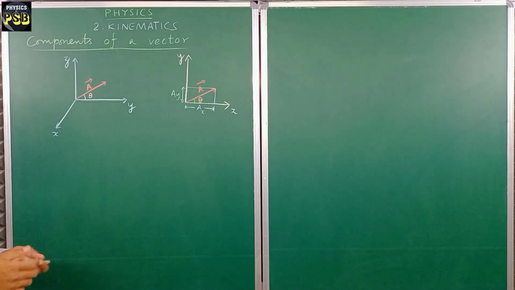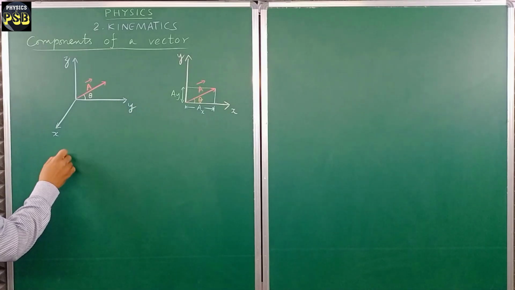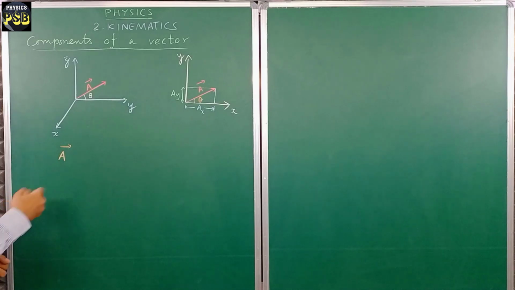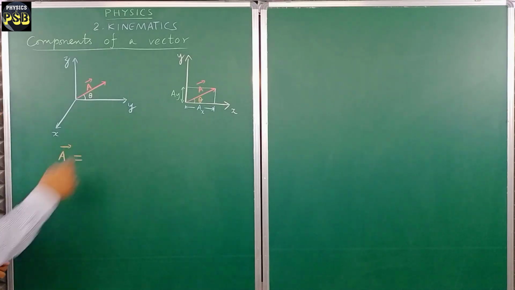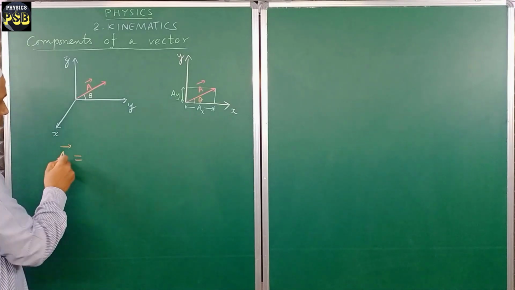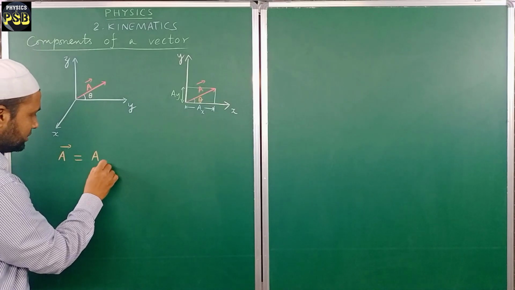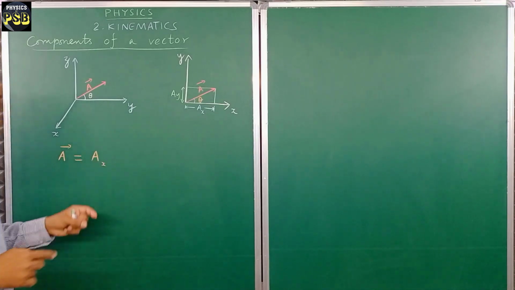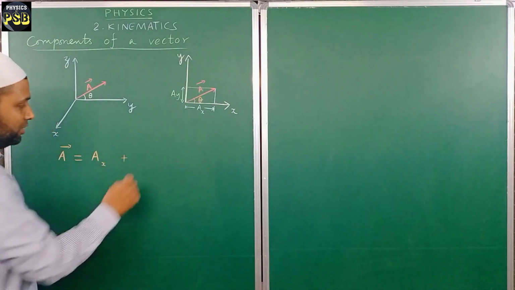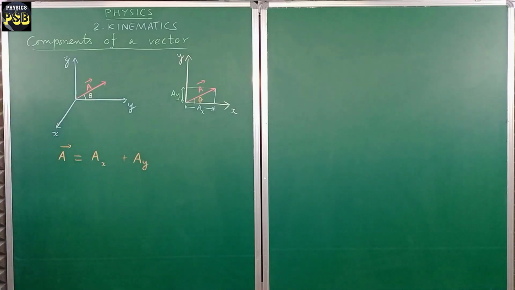So, what will be the value of AX? Now, before that, let me show you how we represent A vector in a two-dimensional coordinate system. Here, A vector in two-dimensional coordinate system is represented as AX, the component of A vector along x-axis, plus the component of A vector along y-axis.